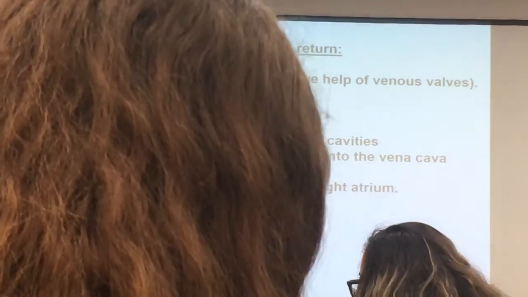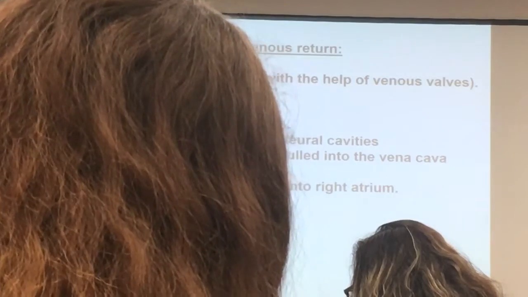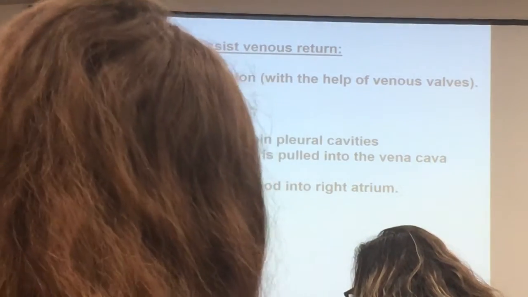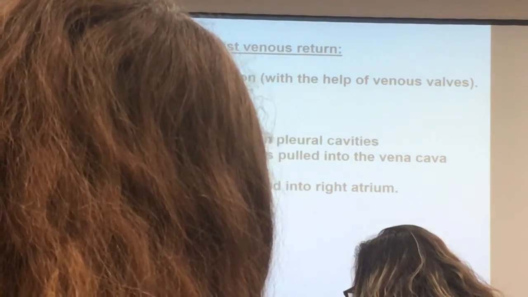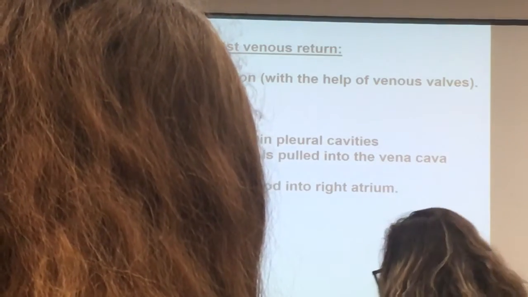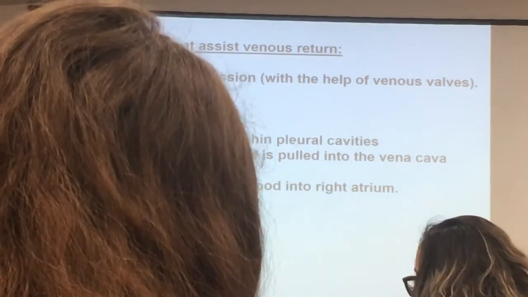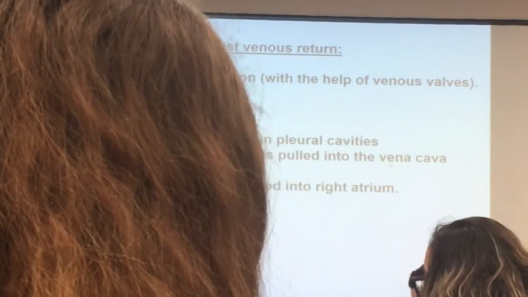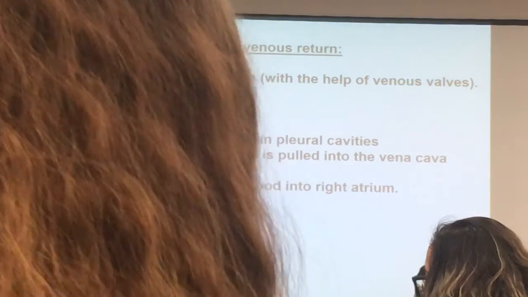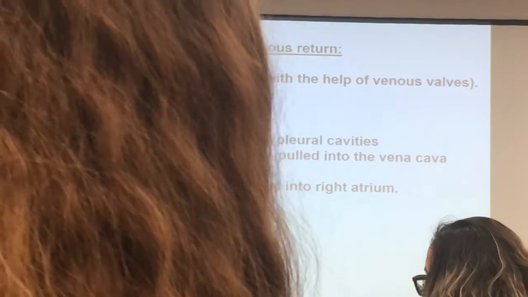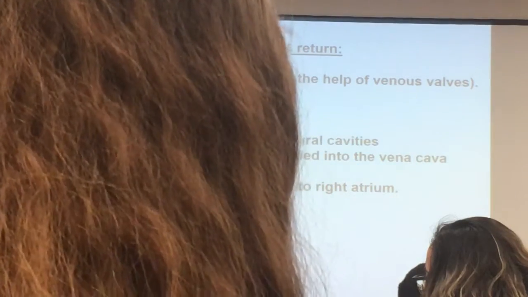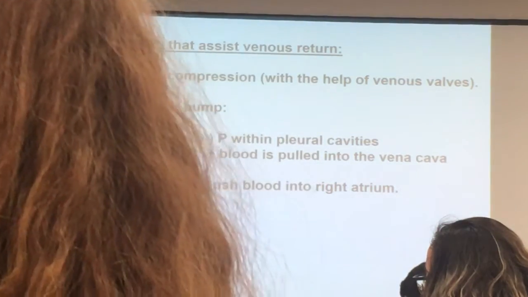You get a good lung, and when the air moves in, we call it inhalation, and it will decrease pressure in the 2 membranes outside the lung, and they help the blood move to the vena cava. And exhalation, when air moves out, pushes this blood from the vena cava into the right atrium.